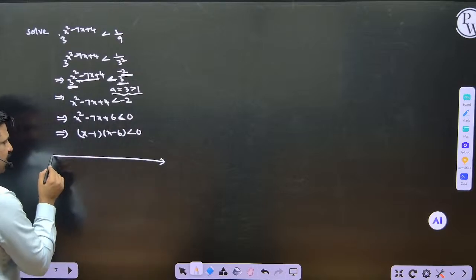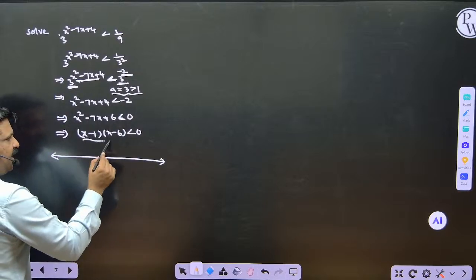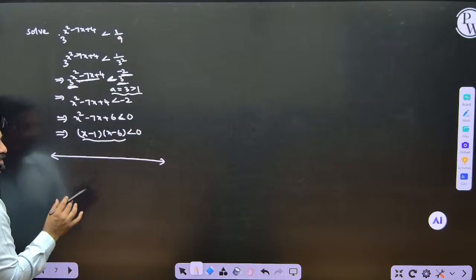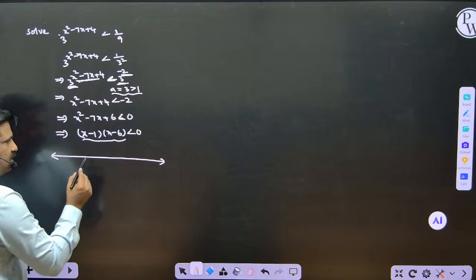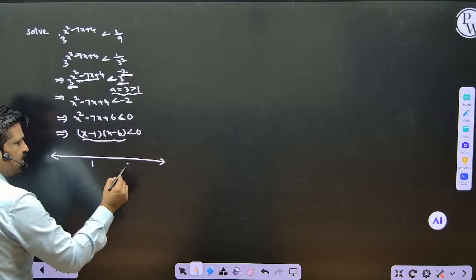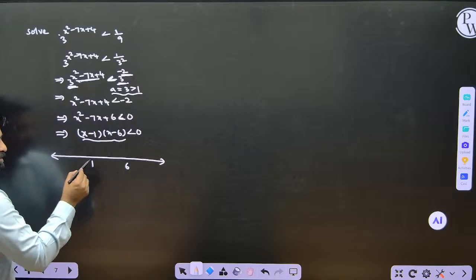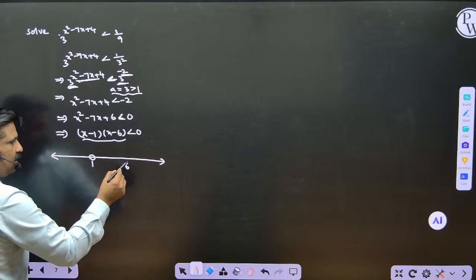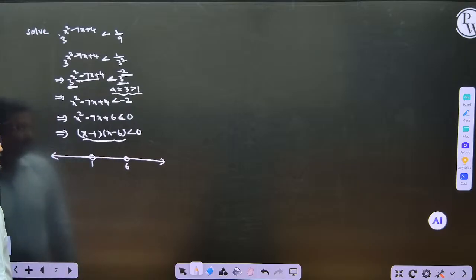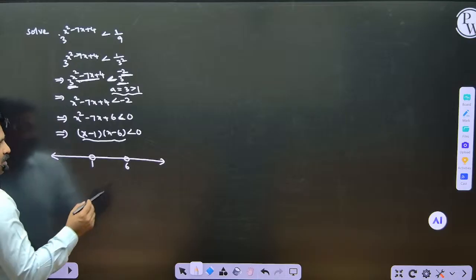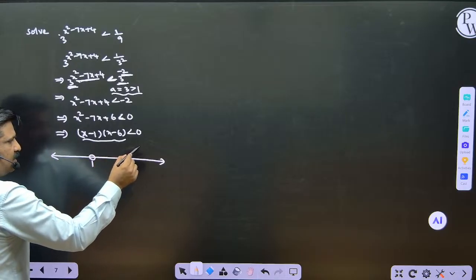Solve this inequality. Here we have only zeros because it is not a rational function. We get 1 and 6. Both 1 and 6 are open. Why? Since equality is not there. Both the powers are also odd.